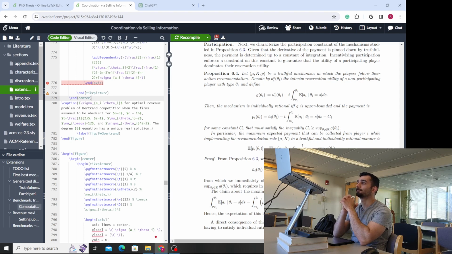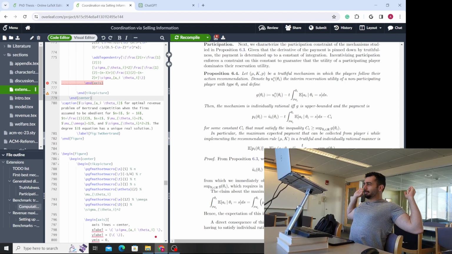So ci minus g of theta i should be greater than or equal to 0, then ci should be greater than or equal to the supremum of g. Makes sense? Which requires in particular that g be upper bounded. Alright, good. Well, what is g, by the way? Okay, that's the function. And we have ui0, we have the expectation of ai as the function. So we are good.